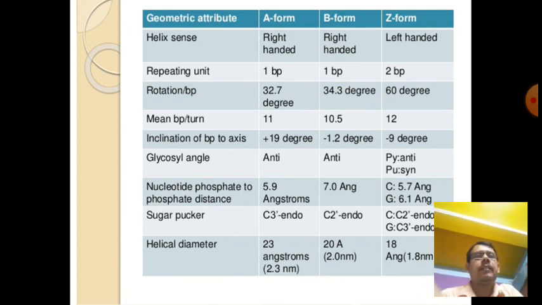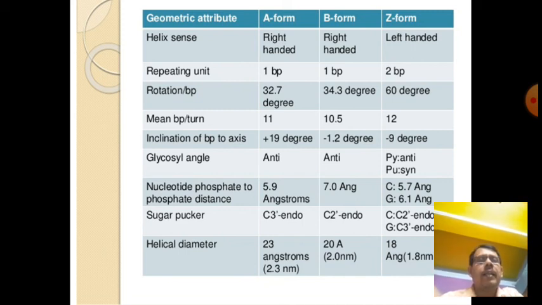First, helical sense: right-handed and left-handed. Repeating unit: 1 base pair, 2 base pair. Rotation per base pair: 32.7 degree, 34.3 degree and 60 degree. Means base pairs per turn: 11, 10.5, 12. Inclination of base pair to axis: 19 degree, 1.0 degree, 9 degree.